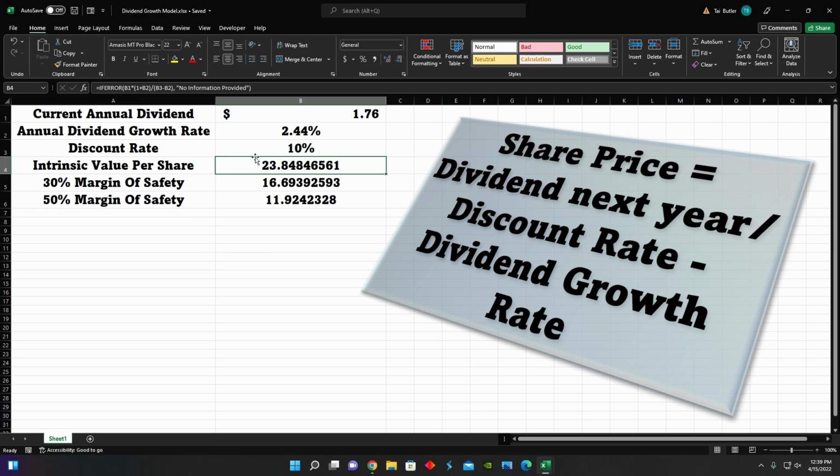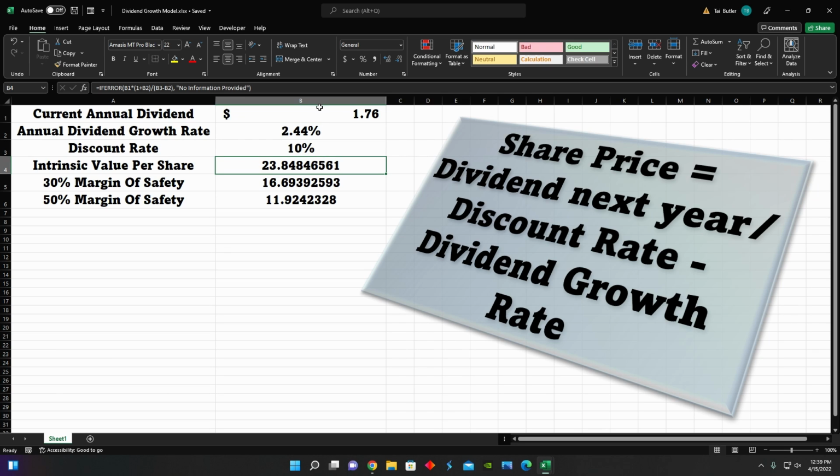And it's kind of small. I don't really know how to zoom in here. But basically, what it says is we're just going to take the current annual dividend, the dividend that a company would have paid in the trailing 12 months, the last year or so.